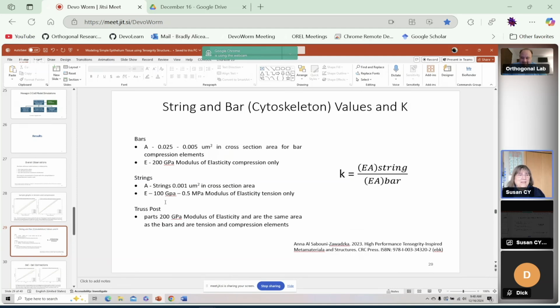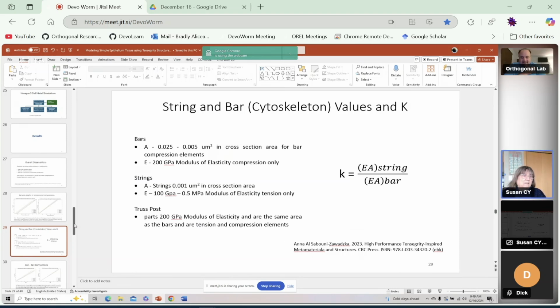There's a very broad range of elasticity here, and that's because tissue has a broad range of elasticity. So I made it a broad range to try this out. More or less, I'm trying this out within what I consider to be a living cell's range.